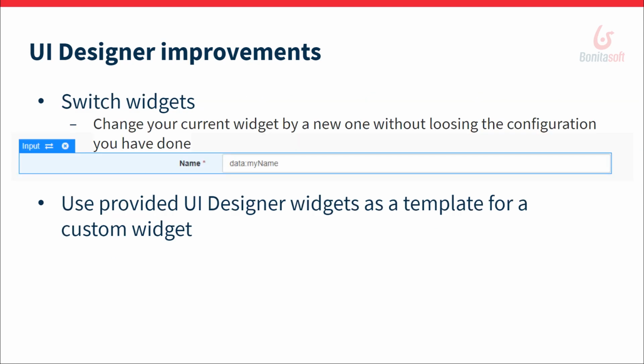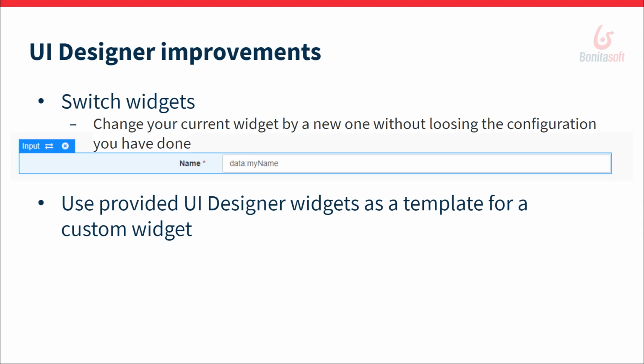A few more improvements still in the UI Designer, a few more slides, and then we'll see all that in detail in a short demo. So the switch widget is an option to basically change from one type of widget to another. For example, you might have a duration number of years that is a basic input widget, and you maybe want your user to pick the value from a drop-down list.